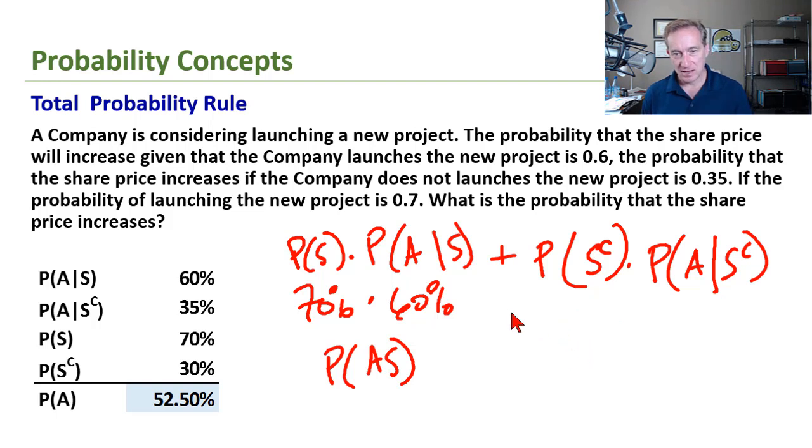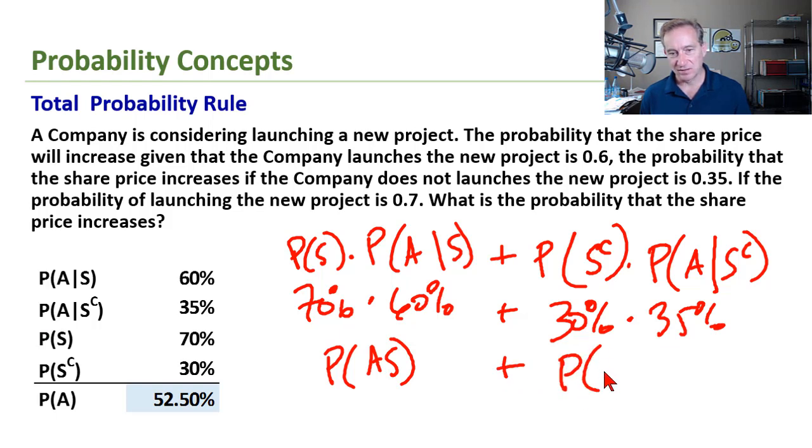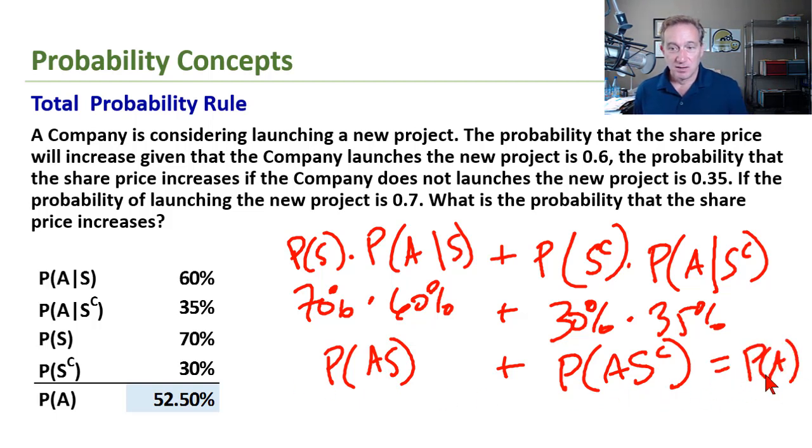And so that is 30% multiplied by 35%, because that is giving us the joint probability of A and its complement S. And if we add those together, we're going to get the probability of A, which here symbolically is the probability that share price increases.